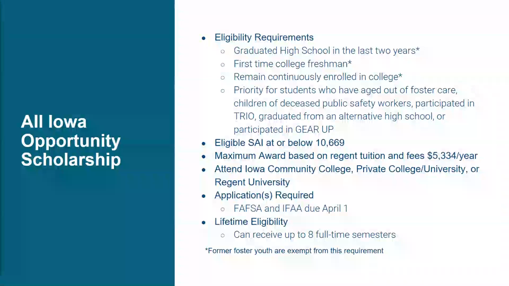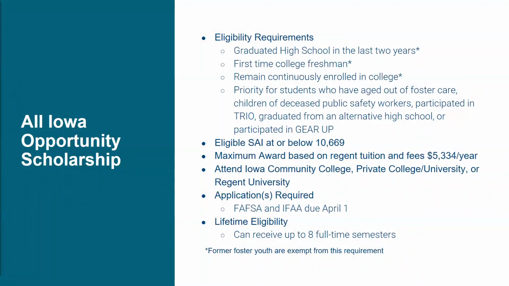You need to remain continuously enrolled in college once you receive the All Iowa Opportunity Scholarship to keep getting it. If you stop attending for a semester and you don't get that award that semester, then your eligibility goes away. As you can tell, those first three bullets have a little asterisk there, and former foster care students are exempt from those requirements. So just a little note on that.